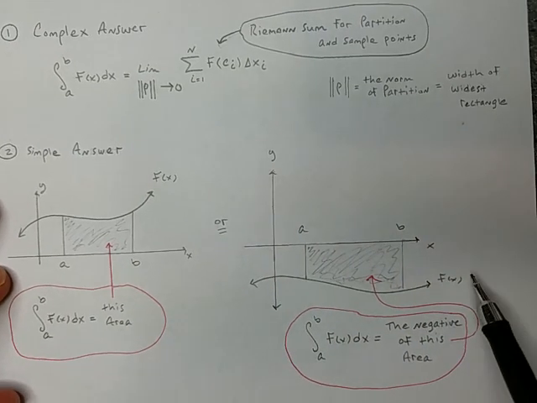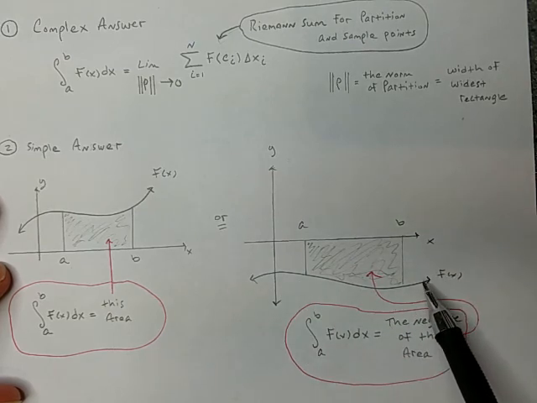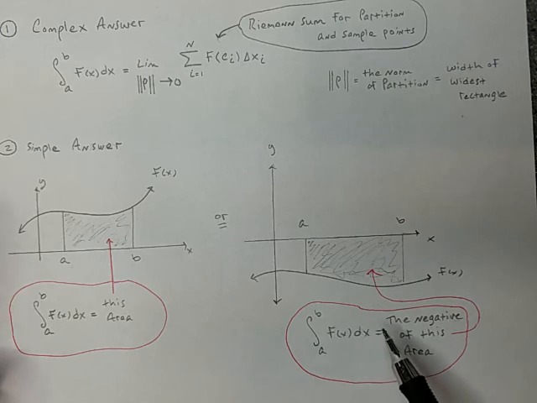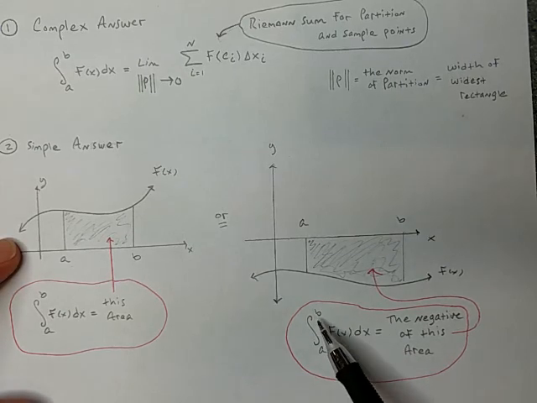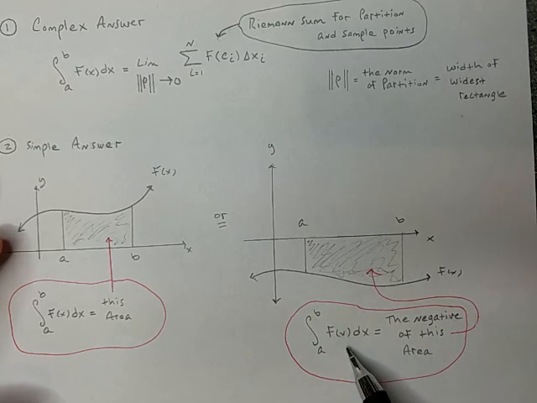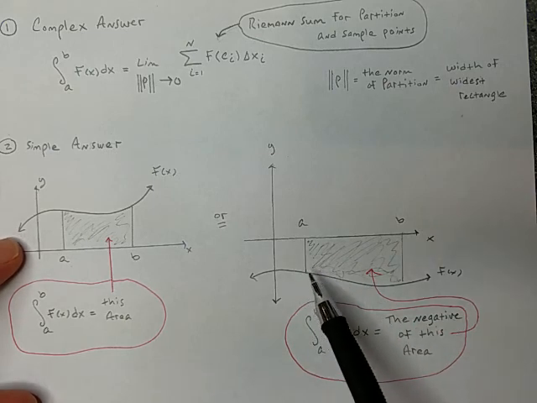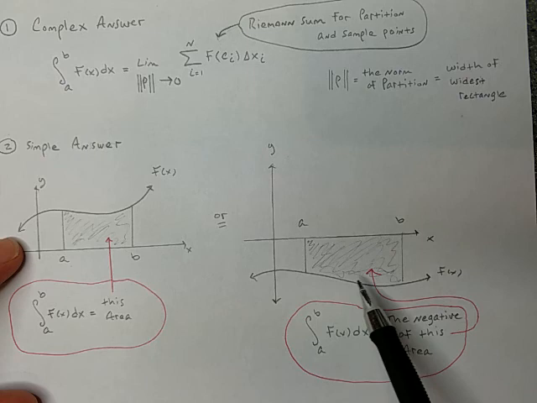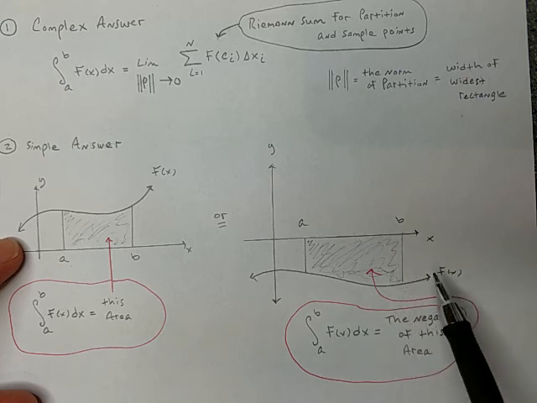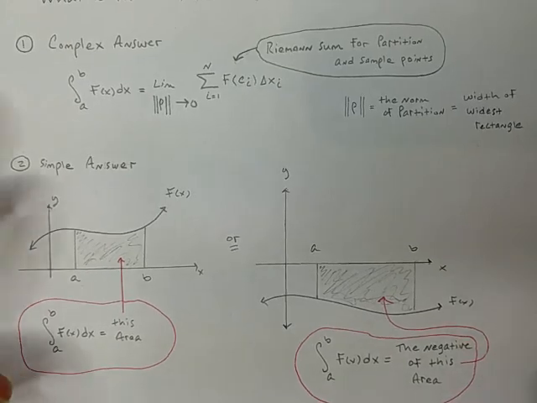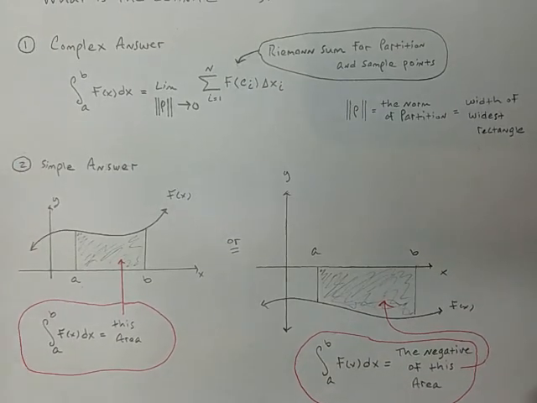But if that curve was below the x-axis, the definite integral would take a slightly different meaning. The definite integral from a to b of f of x dx is the negative or the opposite of this area. This area here being the area contained by the curve and the x-axis from a to b. So that's a simple answer to what the definite integral is.